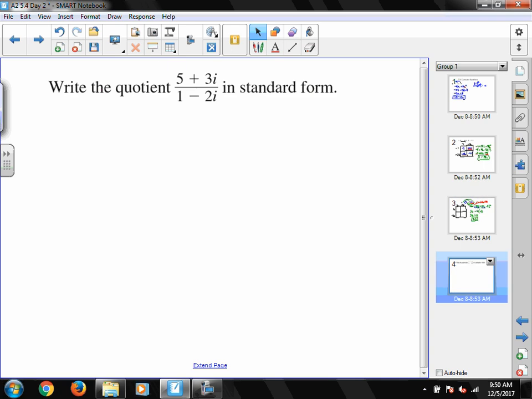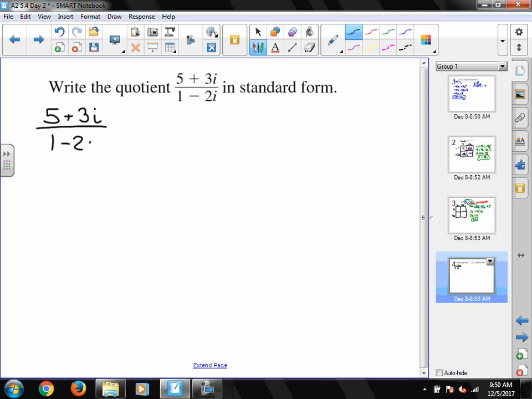The reason I bring this up is because we're going to write the quotient in standard form of 5 plus 3i divided by 1 minus 2i. In order to do this, we are going to multiply by the conjugate of the denominator, that number in the bottom.